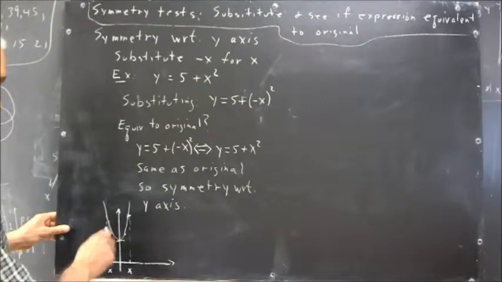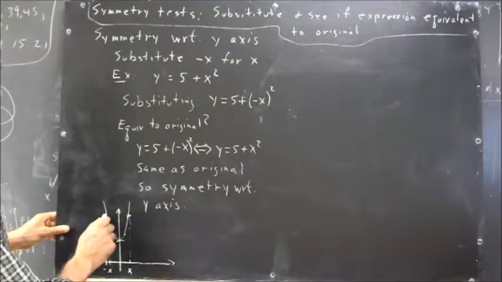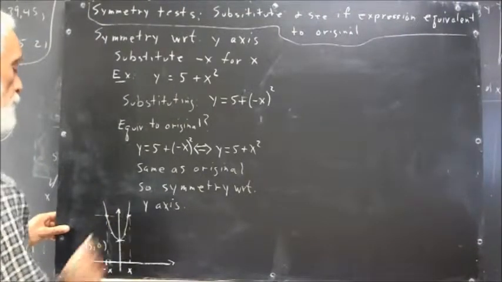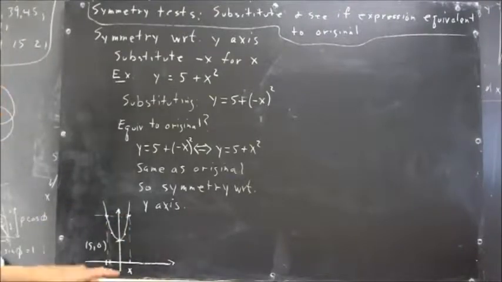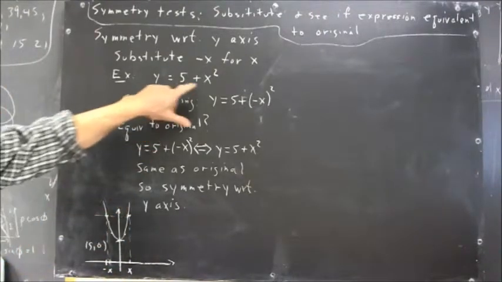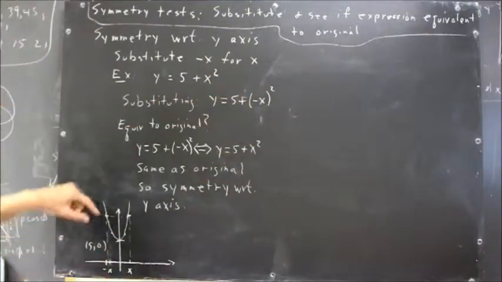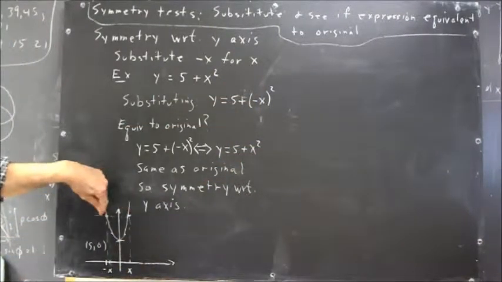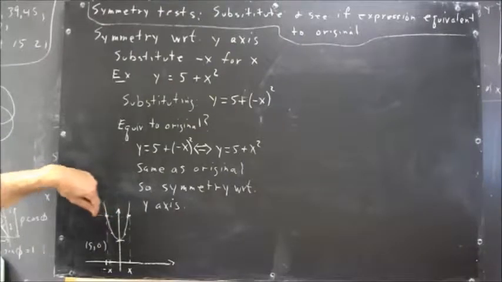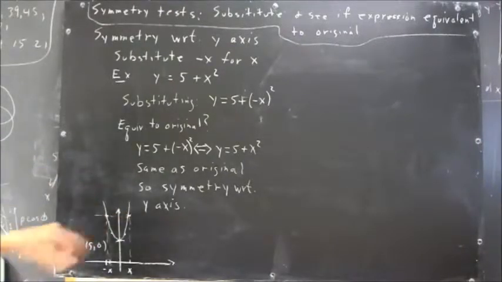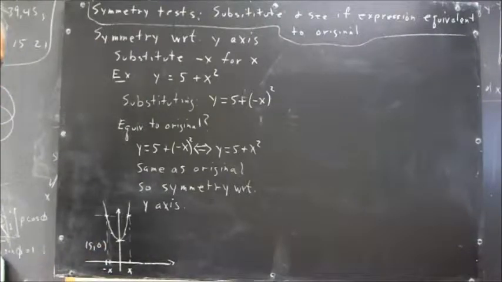That's probably too far, but you get the idea. And we go up to the point on the graph. We get the same y value. If we do 5 plus x squared and 5 plus negative x squared, we get the same thing, meaning that this point is a reflection of this one and vice versa. Again, the graph wasn't drawn completely accurately, but if you had a completely accurate graph, you'd see that. Of course, your text shows you that.